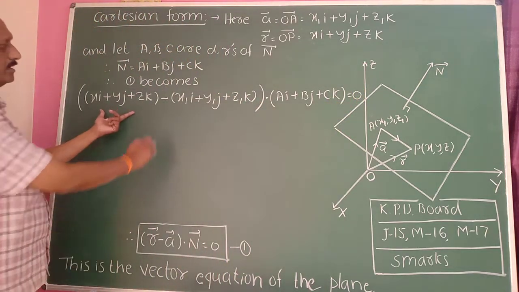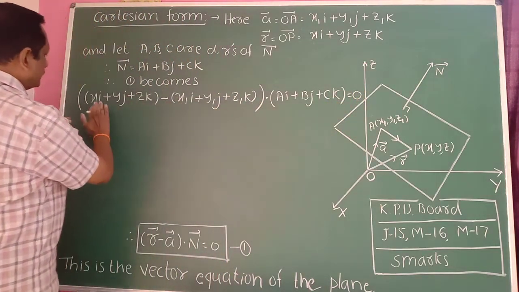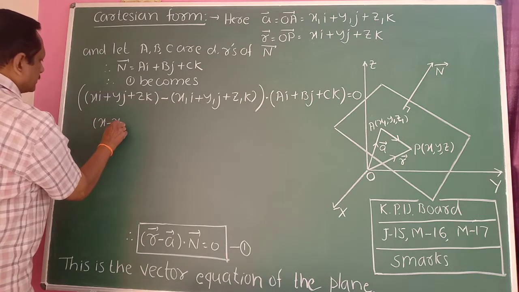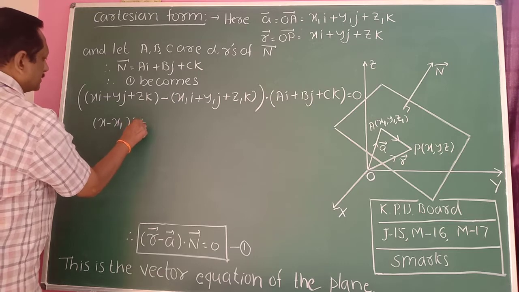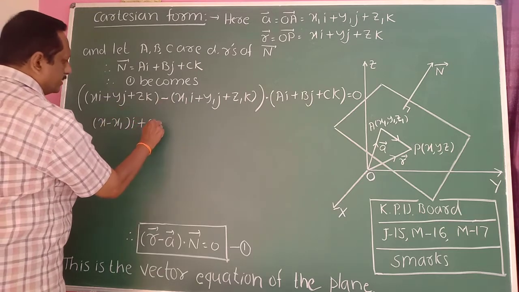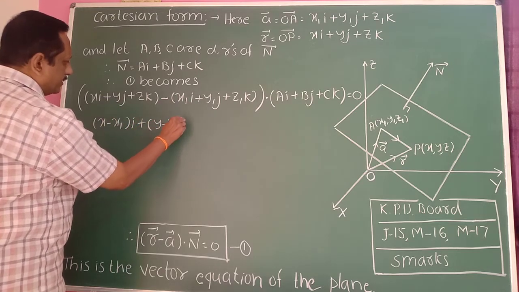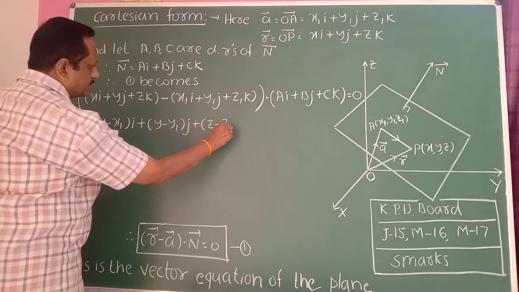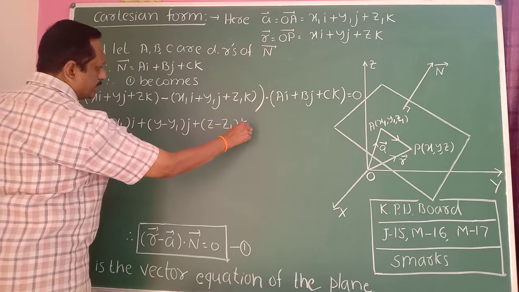Here this vector minus this vector gives (x minus x1) i plus (y minus y1) j plus (z minus z1) k, bracket complete.